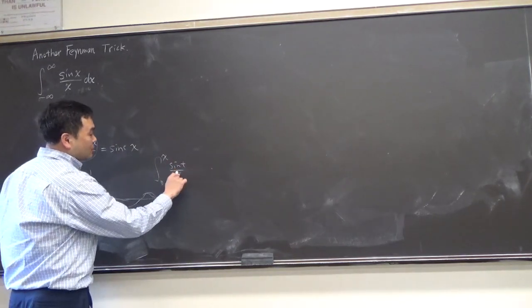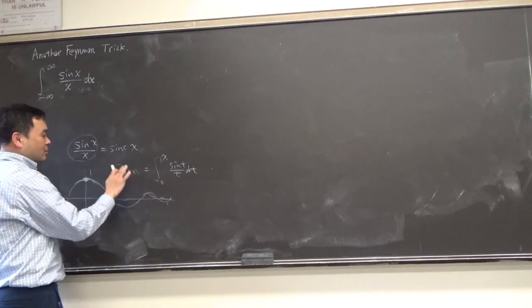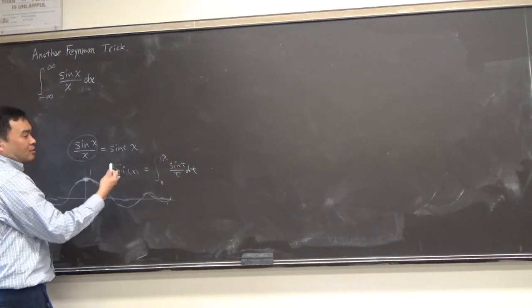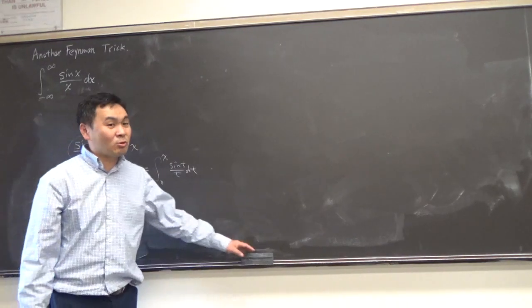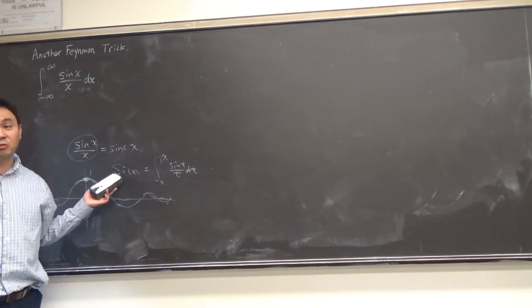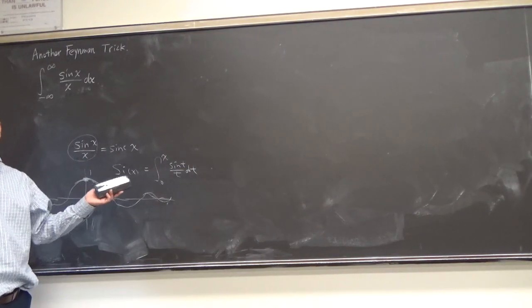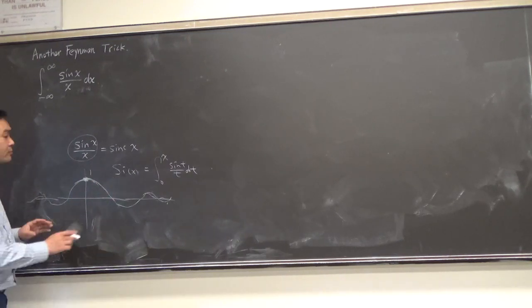On the other hand, if you have the integral from 0 to x of sine t over t, this one is called the sine integral function, or Si. I frankly haven't seen this being used, but people tell me this function is used in optics, a subfield of physics.